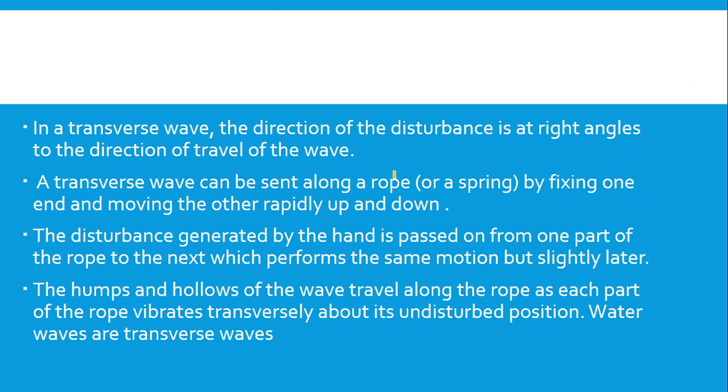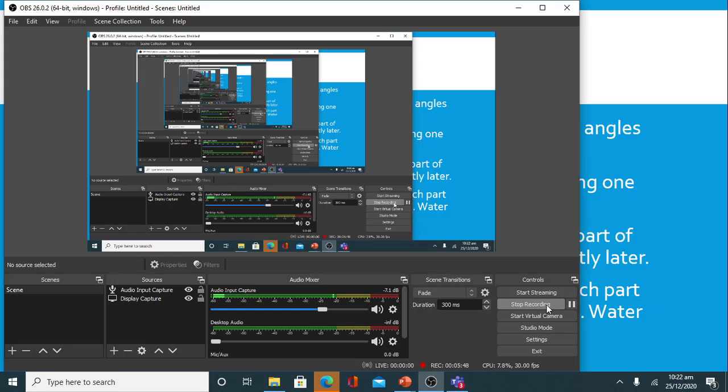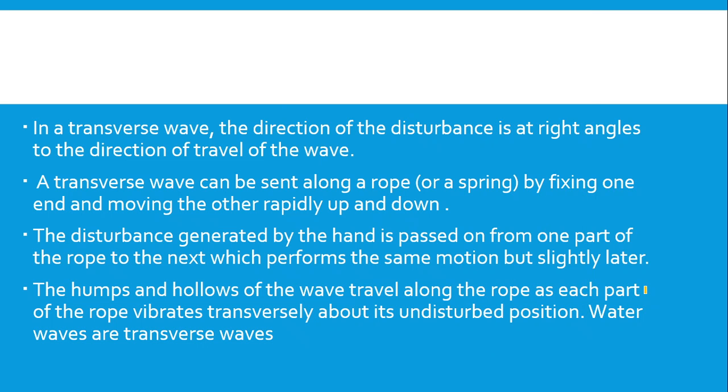Moving forward. In a transverse wave, the direction of disturbance is at right angles to the direction of wave travel. A transverse wave can be sent along a rope or a spring by fixing one end and moving it rapidly up and down.